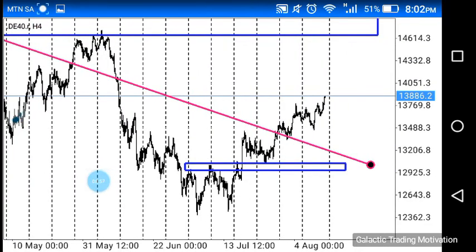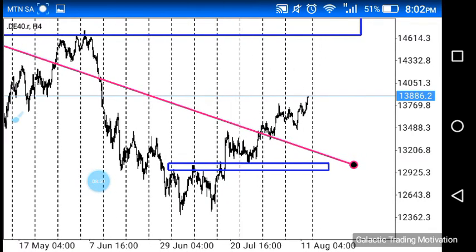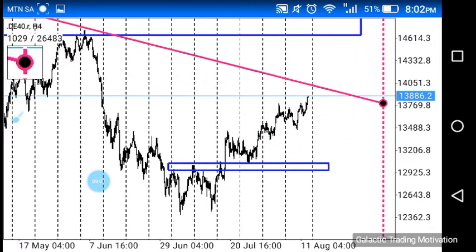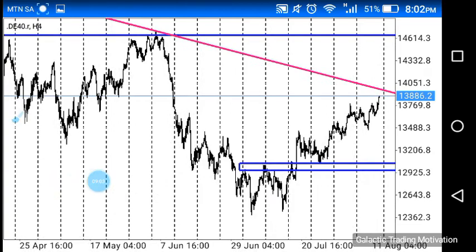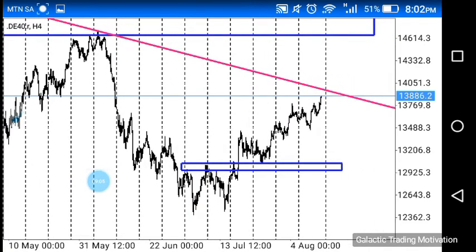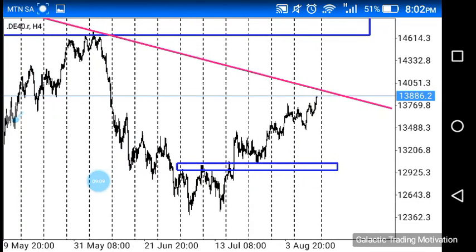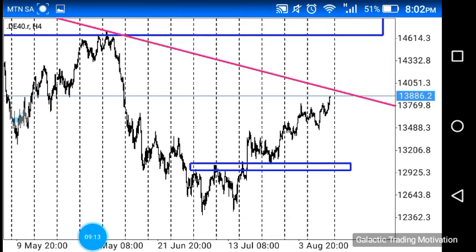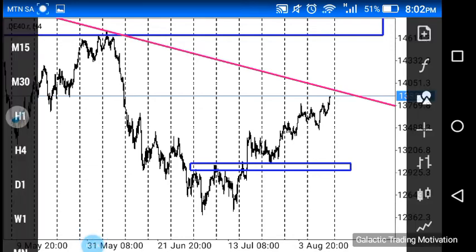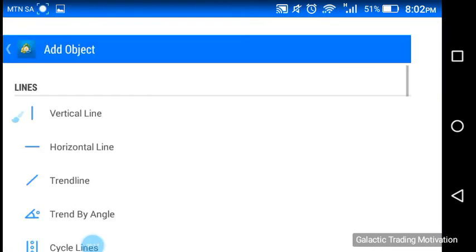Let's see, on the H4 chart I'm just going to fix my equidistant line. There we go. Yeah, so the next thing that I'm going to do on this particular chart is add my channel, my H4 channel, that is.